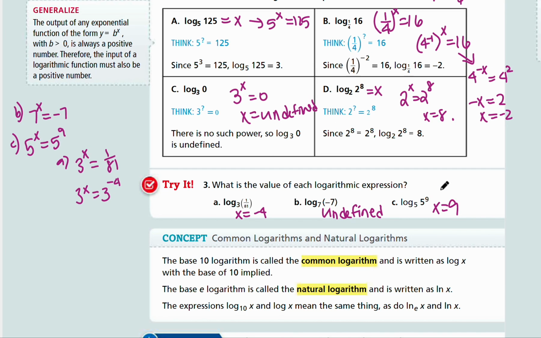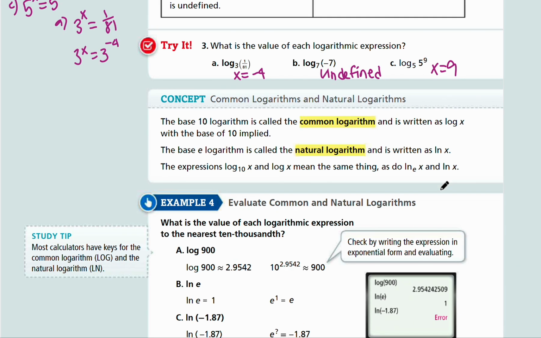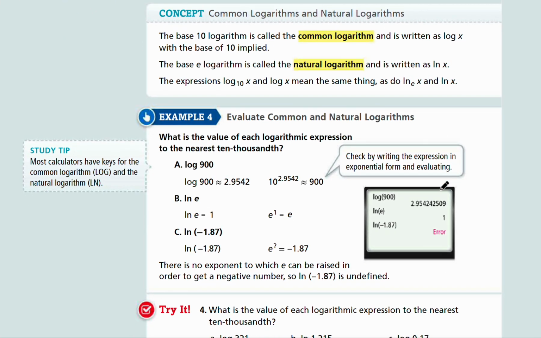Let's move on to this concept of common logarithms and natural logarithms. The base 10 log is called a common log, and it's written as log x with a base of 10 implied. So if you don't see any base when you see the log, that just means you have a base 10. It's implied.